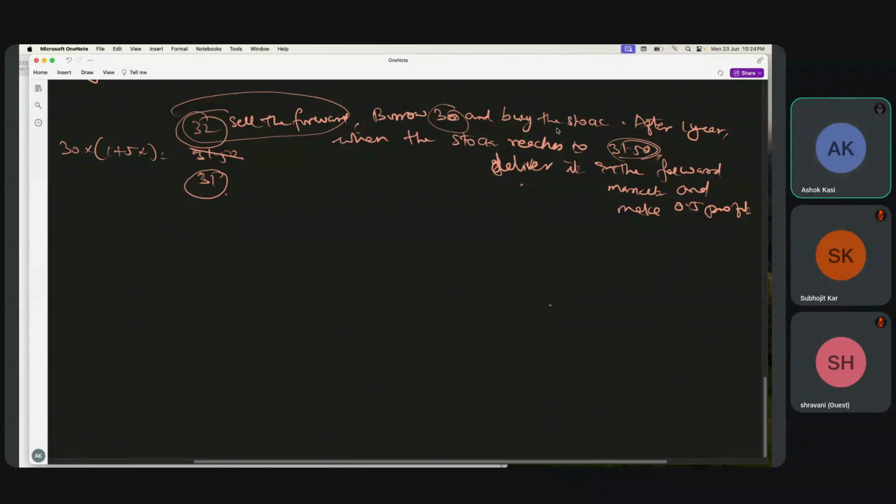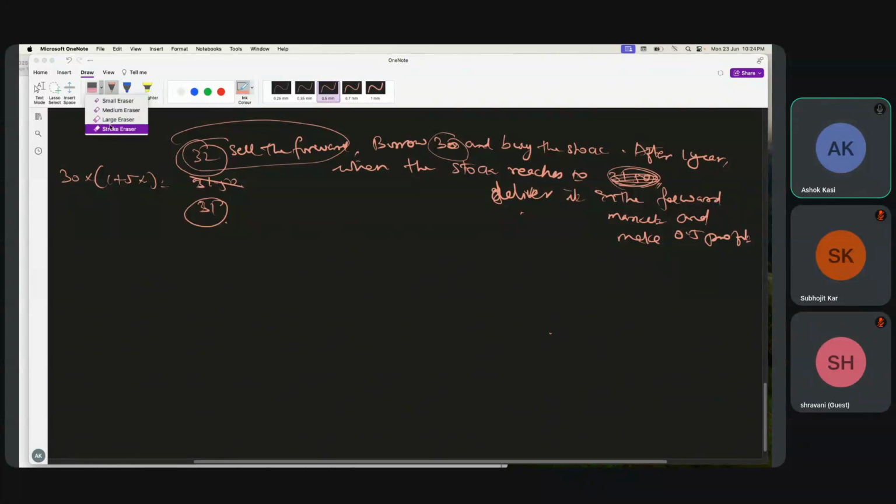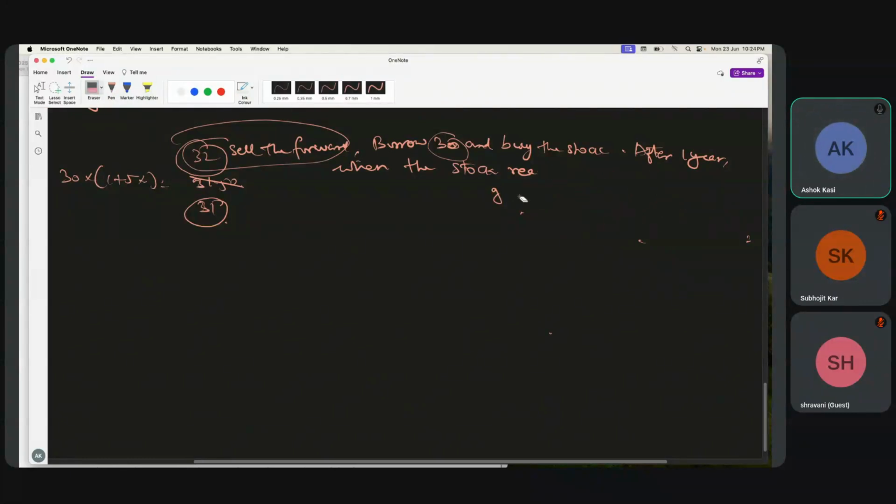borrow and buy the stock, or let me write like this here. After 1 year, borrow 30 and buy the stock.